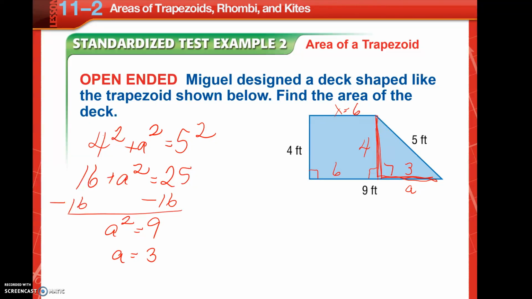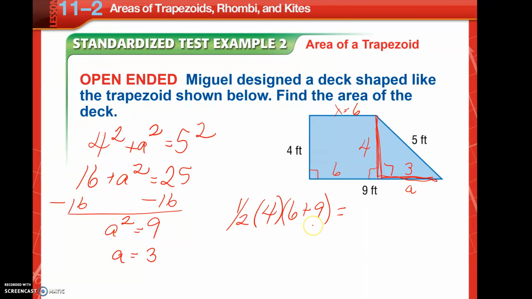Then I can find my area of my trapezoid, but you also could just find the area of this rectangle and then this triangle and add those together. That will work too. We can stick it into the formula, or we can use math that we've seen before. So height again is 4. My two bases are 6 and 9.